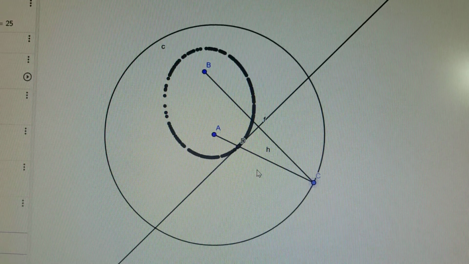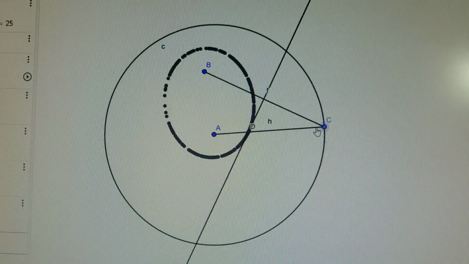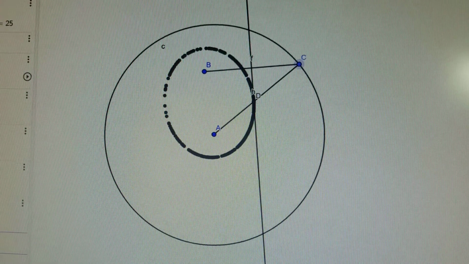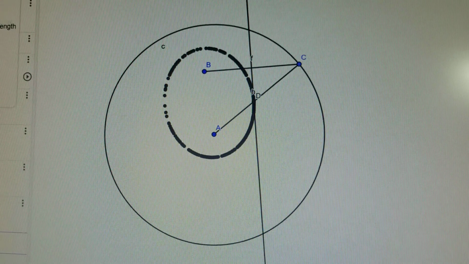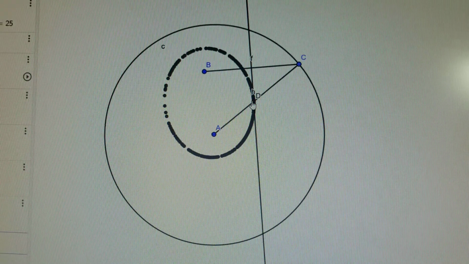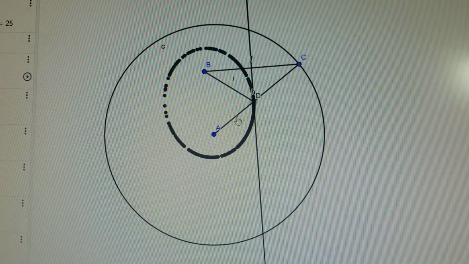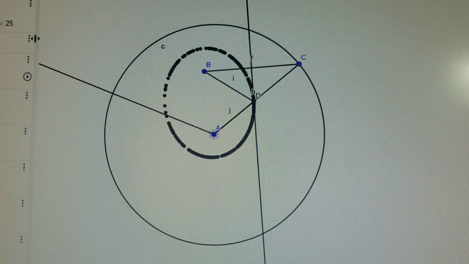Then I'm going to ask the computer to do me a favor. From a point on the ellipse, draw a line segment to both foci and find out how long they are.